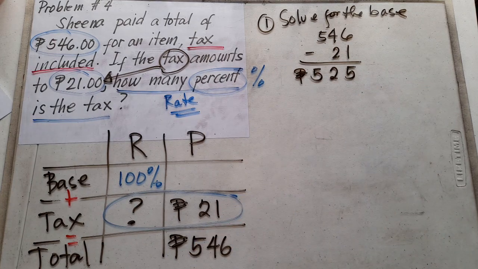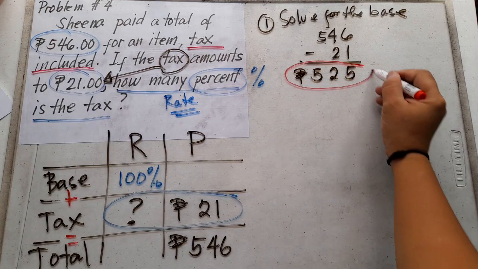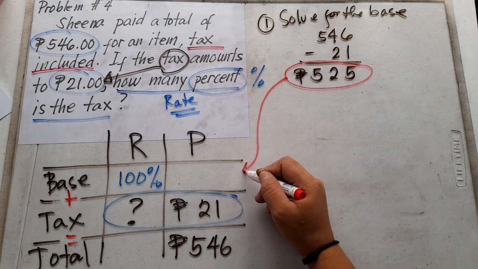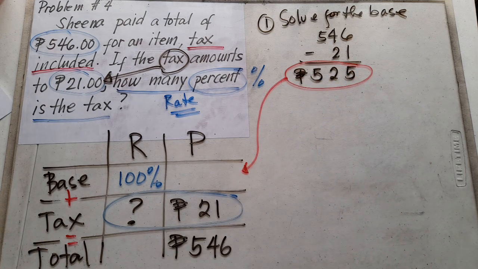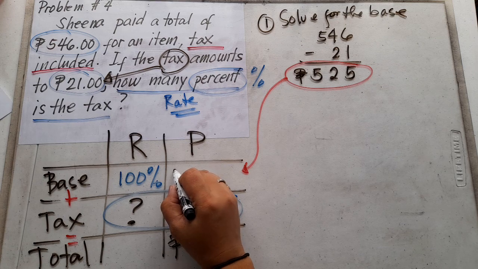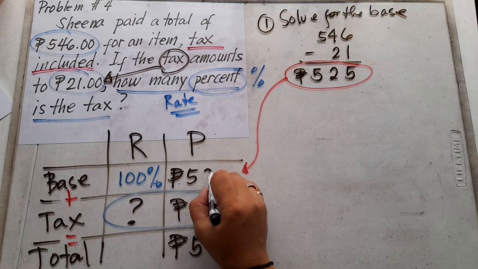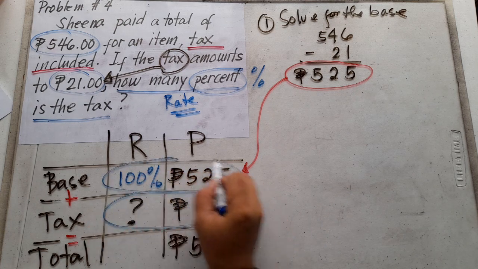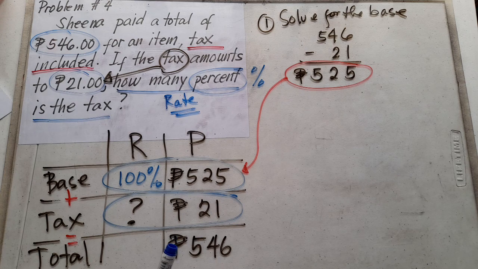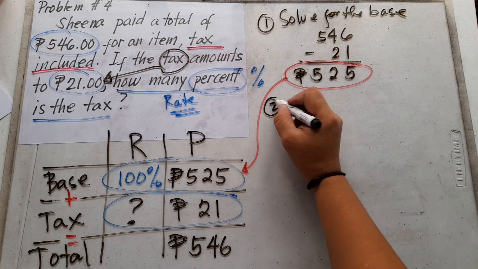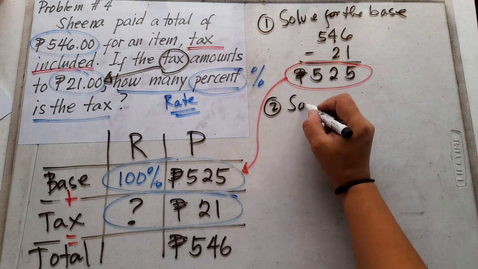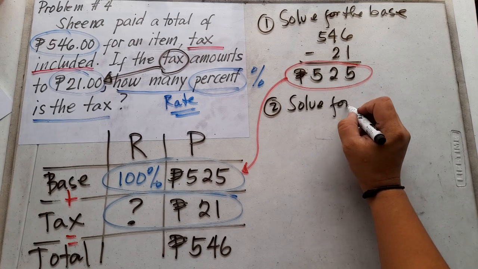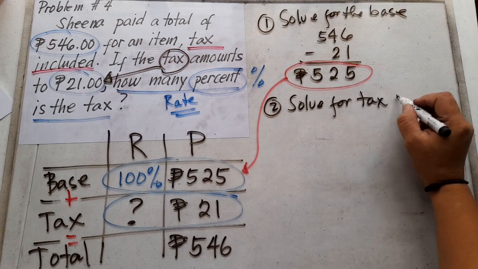At saan natin yan dadalhin? Itong 525 pesos, dadalhin natin yan dito sa base percentage. Ibig sabihin, our second ratio is 100 to 525. Okay? Let's now solve for tax rate.